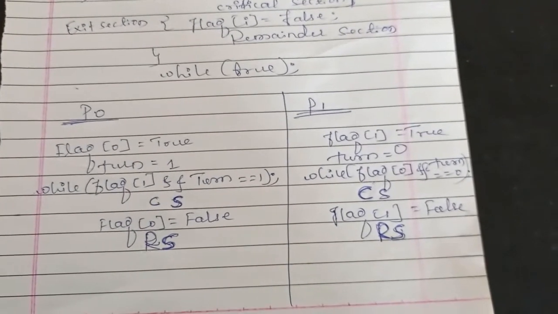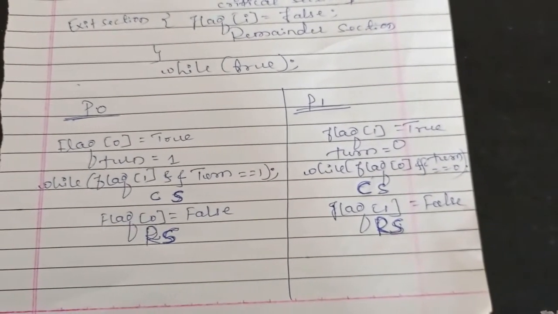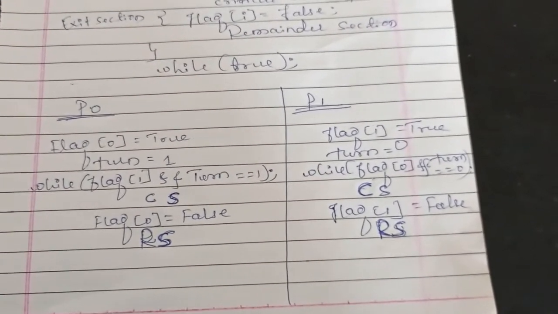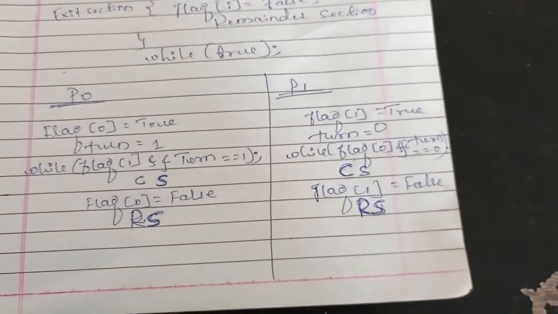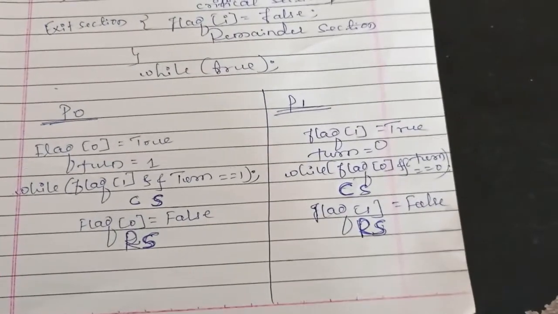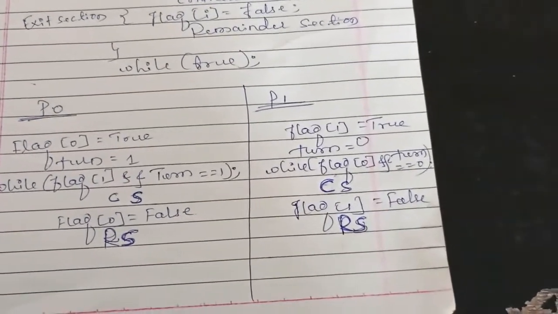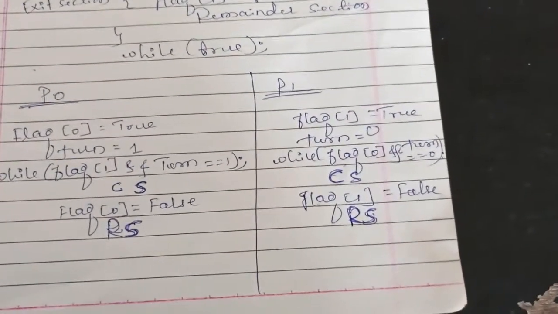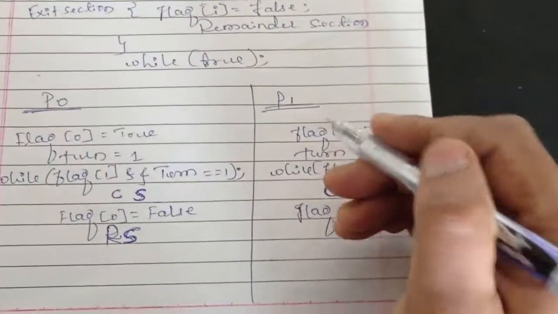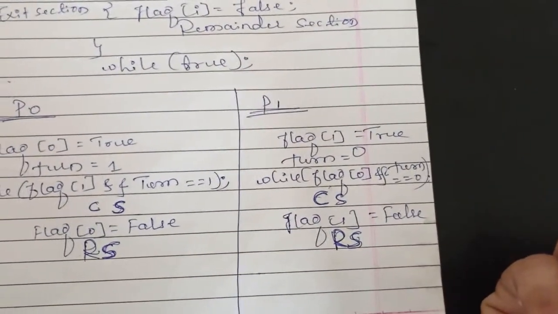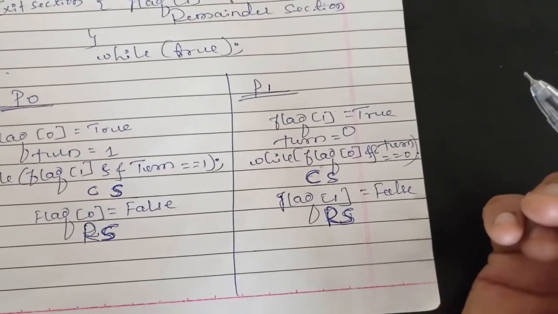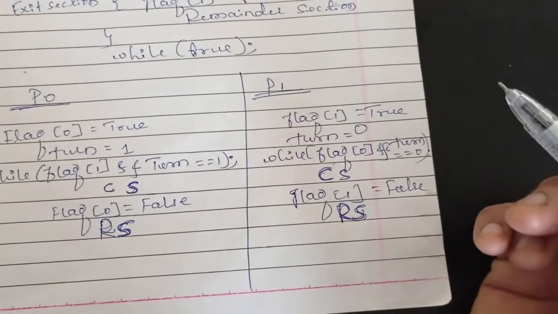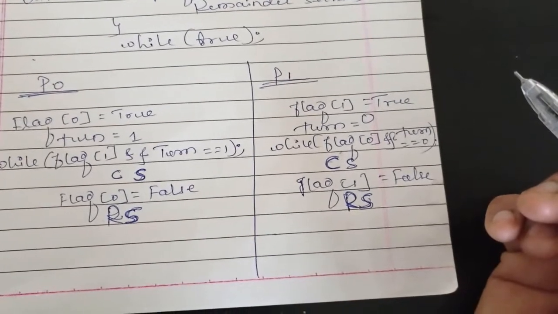If process P0 is not ready, then we are going to execute process P1, right? Why? Because process P1 is ready to enter its critical section, but we need to check one condition, that is flag of 0 and turn equal to 0.